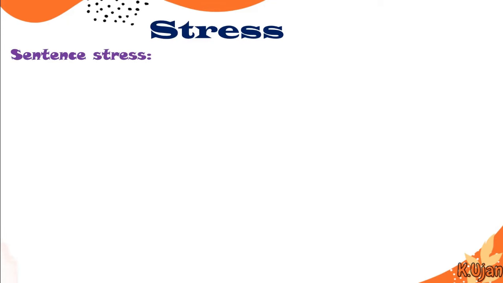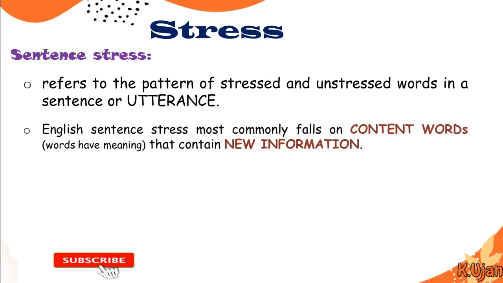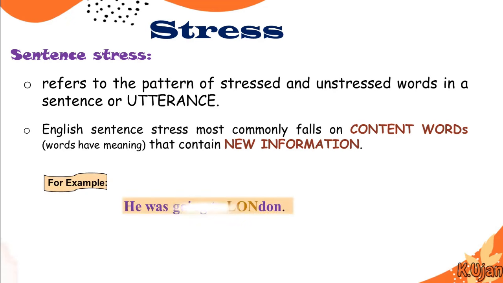Another type of stress we learned is sentence stress, which refers to the pattern of stressed and unstressed words in a sentence or utterance. So within a sentence, we put stress on certain words. English sentence stress most commonly falls on content words. Words that have meaning, like nouns and adjectives, many classes of words which are known as content words. Those words have meaning and contain new information. For example, he was going to London.